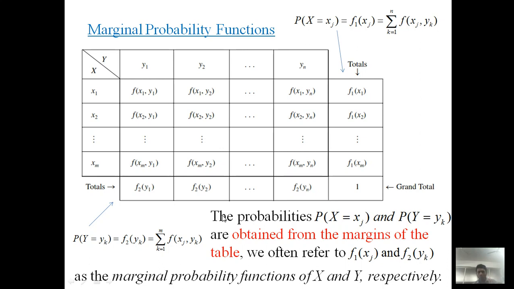So as we see in this probability distribution table, P of X equal to xa and P of Y equal to yk are obtained from the margin of the table. We often refer to f1 of xa and f2 of yk as the marginal probability functions of X and Y. So these are the marginal probability functions.